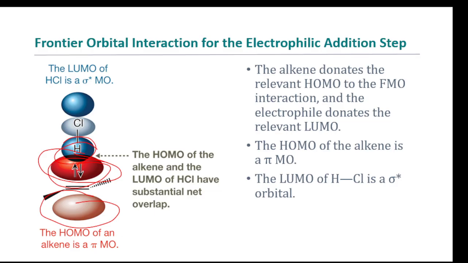When you start looking at these, you can see a major pattern. If you're dealing with a pi bond in some way, then you're going to involve a pi orbital, aren't you? If you're dealing with single bonds, you're going to end up involving sigma orbitals, aren't you? And this is how you can help yourself keep track.